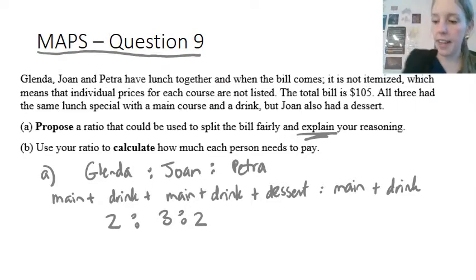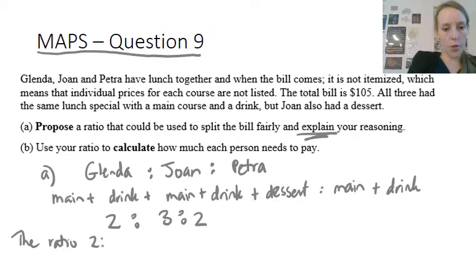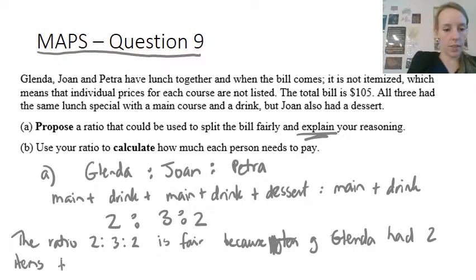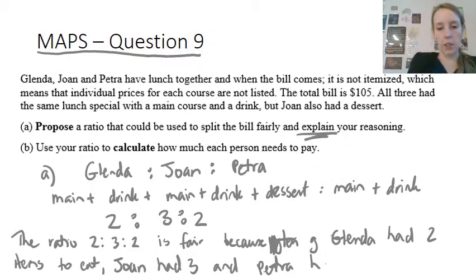Okay, so my reasoning here: the ratio 2:3:2 is fair because Glenda had 2 items to eat, Joan had 3 and Petra had 2.